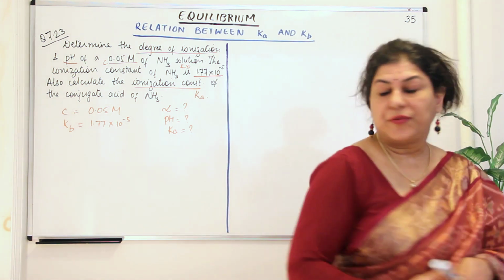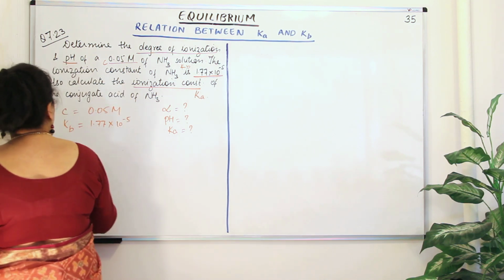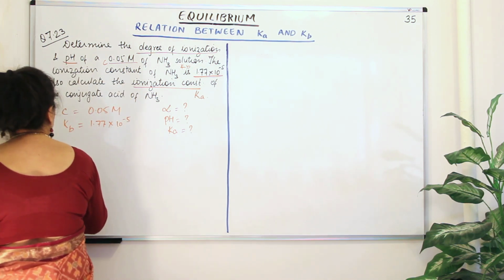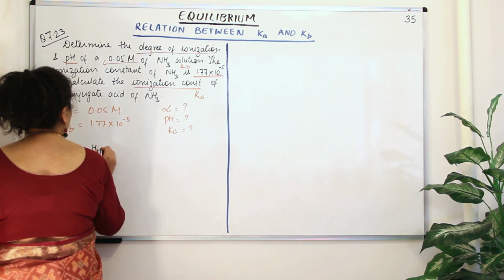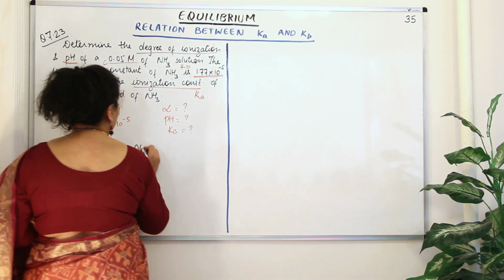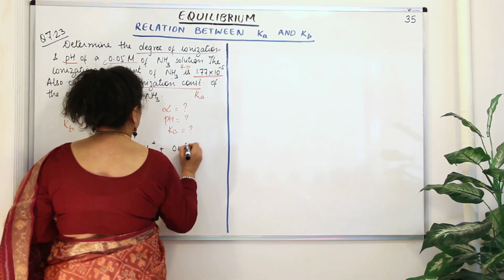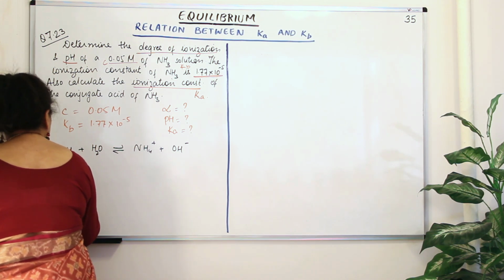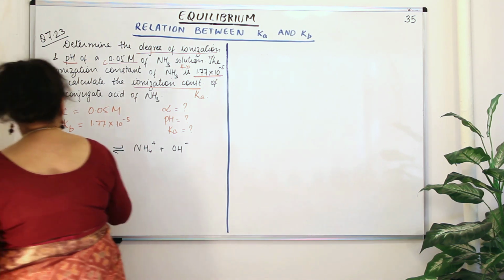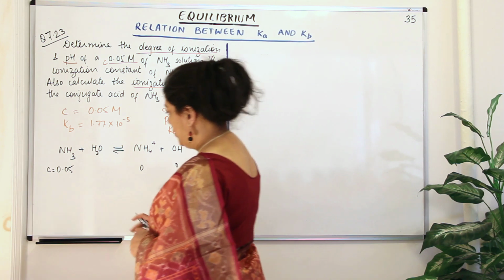So let me start writing the equation first. The equation would be, you have ammonia. Ammonia combines with water, I'm not writing the states and all, to give you ammonium ion plus OH negative, right? The initial concentration C is 0.05 for ammonia, and initial concentrations of ammonium and OH negative are 0.